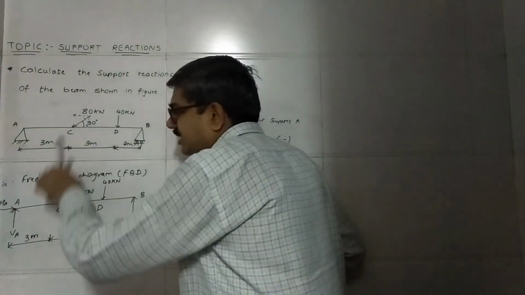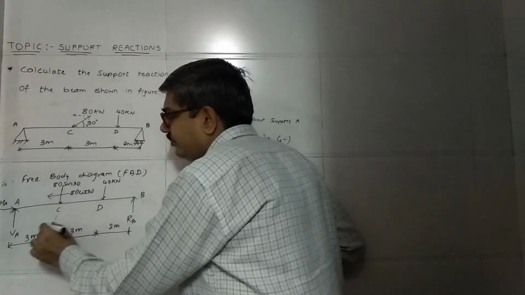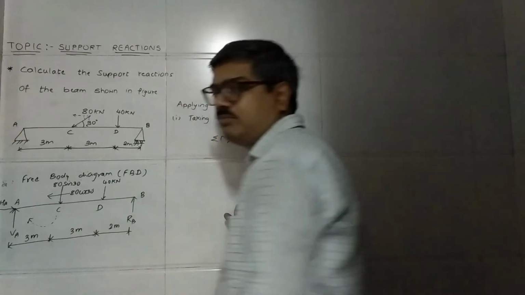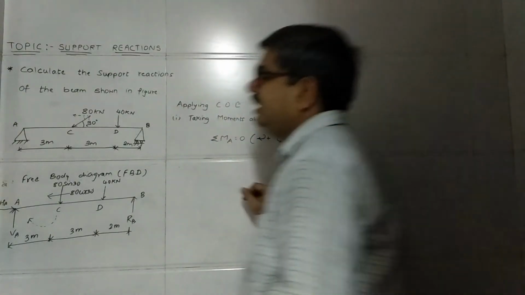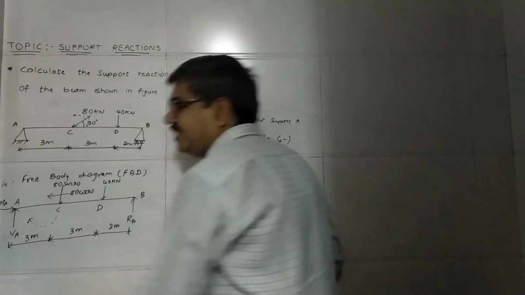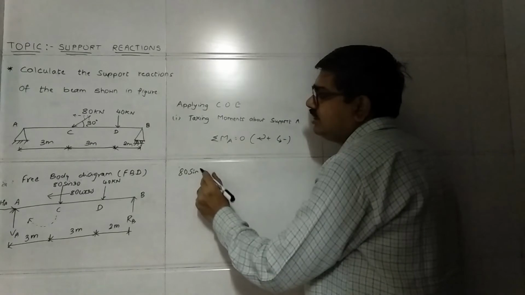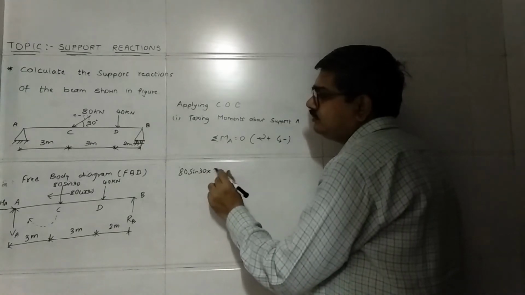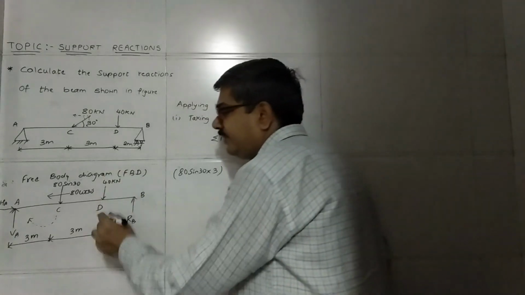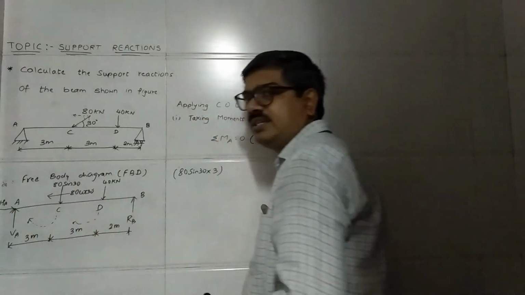First of all, consider 80 sine 30, which is acting in the downward direction at C. If you try to turn it towards point A, it will turn in clockwise direction, so positive sign, and the moment is force into distance. The distance of this force from point A is 3 meters. So therefore 80 sine 30 into 3, put this in brackets. Consider the second force, 40, turn it towards A, it will also turn in clockwise direction.